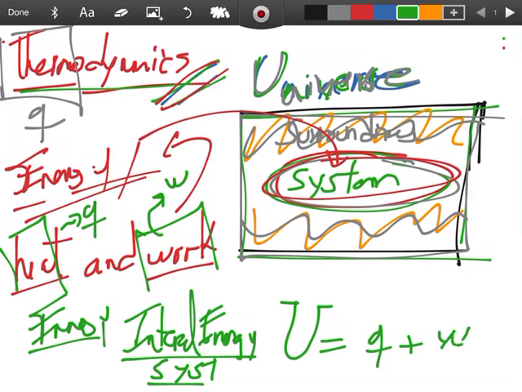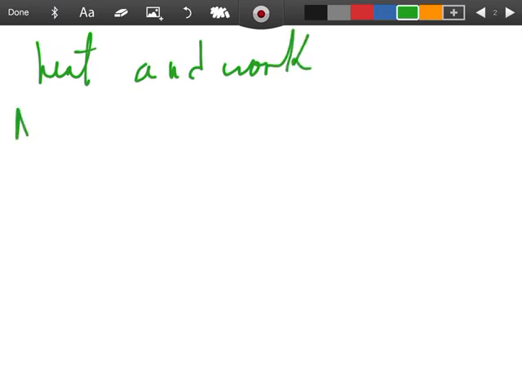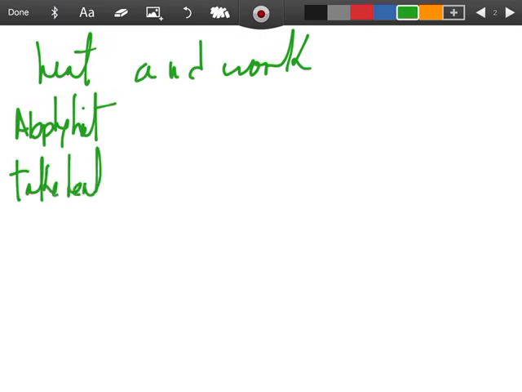Very well. So let's continue with that. Let me check my notes. Very well. So if we're talking about heat and work, we can say that we can apply heat to the system, or we can also take heat from the system, right?